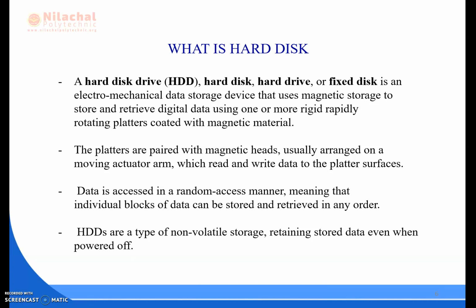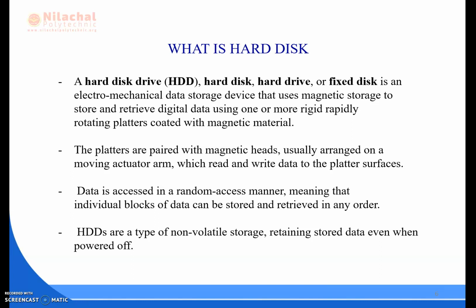The platters are paired with magnetic heads, usually arranged on a moving actuator arm, which read and write data to the platter surface. The data is accessed in a random access manner, meaning that individual blocks of data can be stored and retrieved in any order.